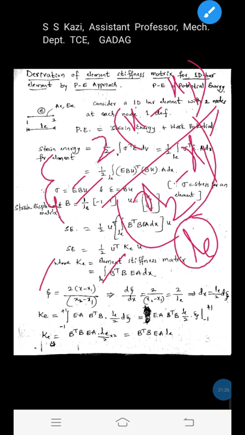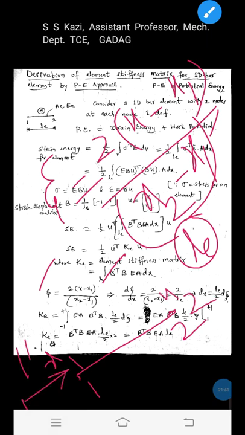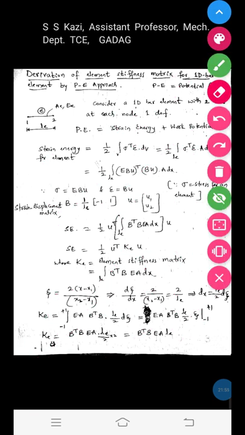How do you say this is the length of the element LE? Here x1 is the position of node 1 from the origin, and x2 is the position of node 2 from the origin. To know the length of this element, you subtract x1 from x2. So x2 minus x1 is the length of the element LE.